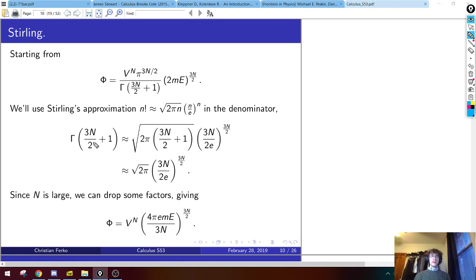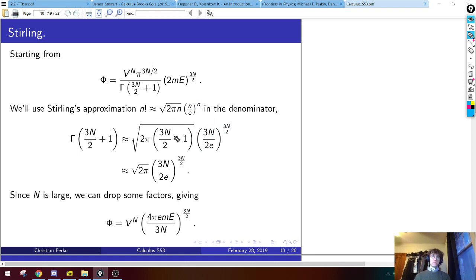And then if you use Stirling's approximation, which you found before, it turns into this thing. So I put the 3n over 2 plus 1, then I kill the 1, and I put for lowercase n, I'm putting in a 3n over 2 everywhere I saw that. So in the first line, I'm just copying Stirling's approximation exactly. In going from the first line to the second line, I'm killing some of the factors of plus 1.